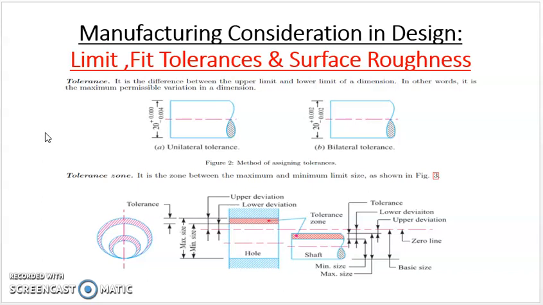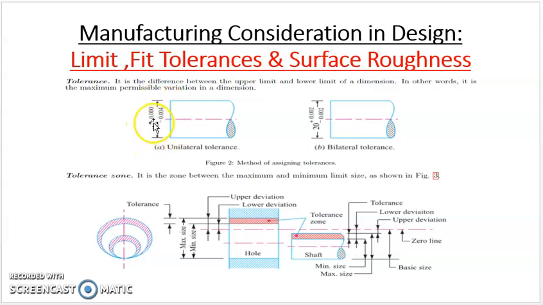He or she can produce plus 0.000 or minus 0.004, meaning either 20 or 20 minus 0.004. This much is the permissible limit.